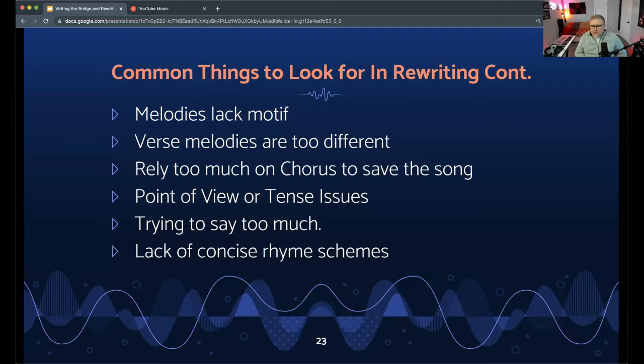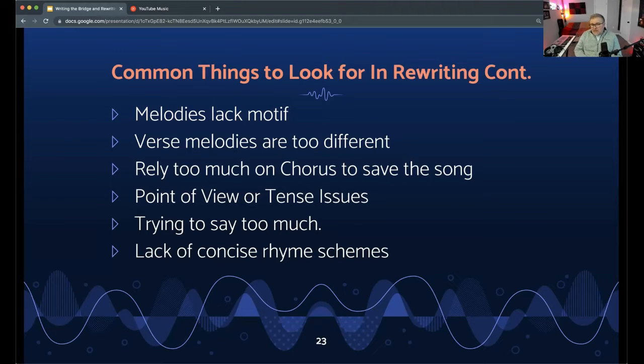And anytime your listener gets confused, it means they're thinking and they're not feeling your song, and you've lost them. The best songs are songs that we don't even think about, we just feel it. Like some of you said you got lost in the India Arie song and you didn't even know where the structure was. That song was working, right?